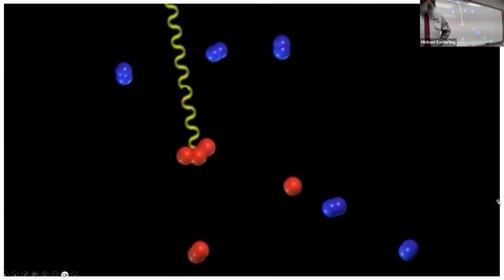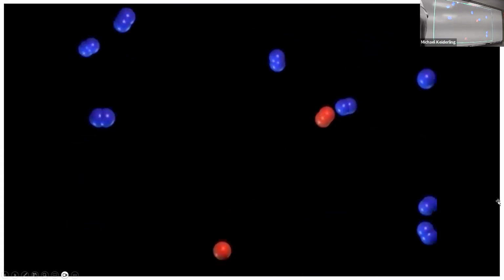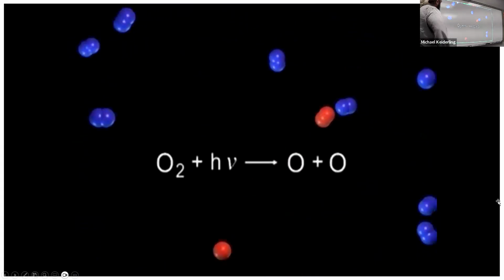When solar radiation from the ultraviolet region of the spectrum strikes an ozone molecule, it may be absorbed, and the O3 molecule dissociates.